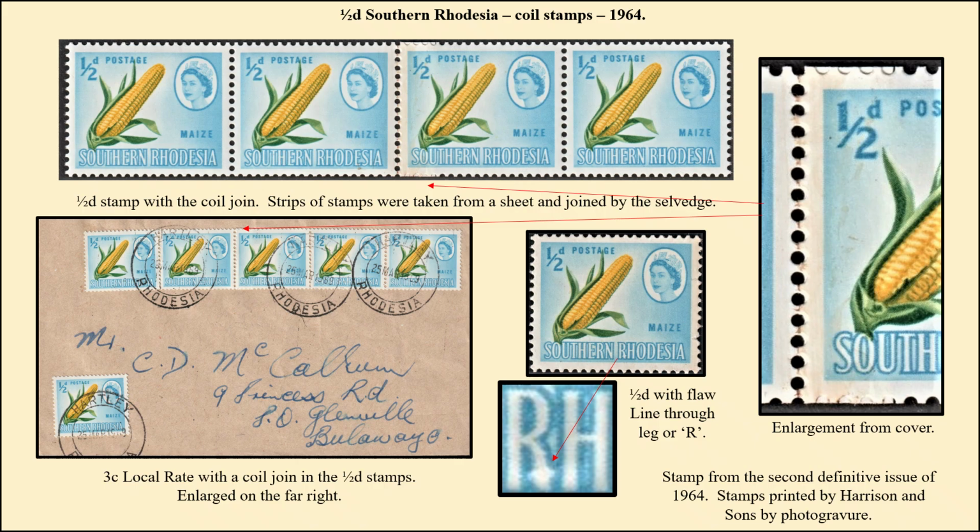I also show on the bottom left a used copy with a blow up of that on the right hand side. The stamp in the middle shows the variety, the flaw through the line of the bottom leg of the R in Rhodesia.